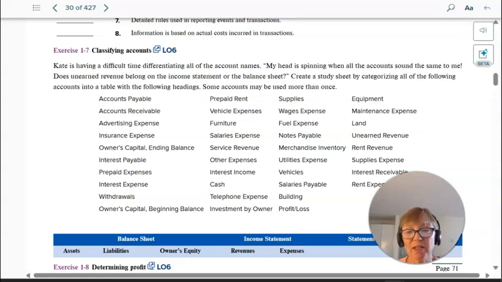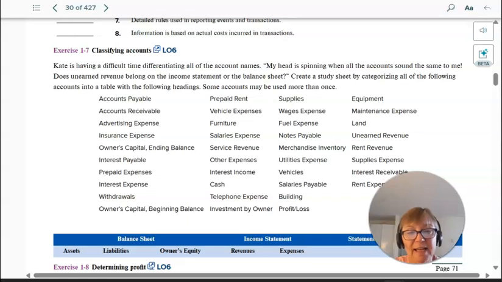Merchandise inventory, so if we have inventory, that's an asset. Utility expenses, like the power bill, that's an expense on our income statement. Vehicles are an asset. Salaries payable are payables, so therefore it's a liability on our balance sheet. A building is an asset on our balance sheet.